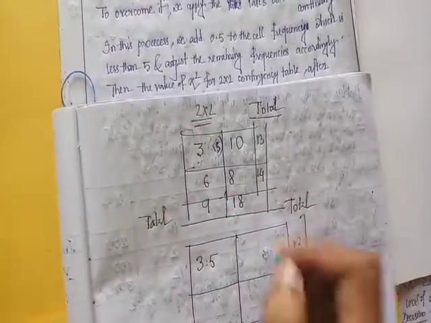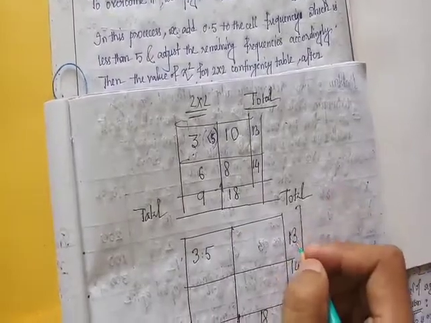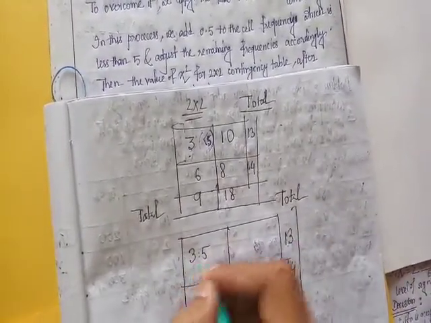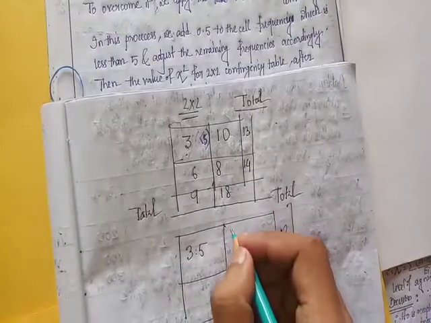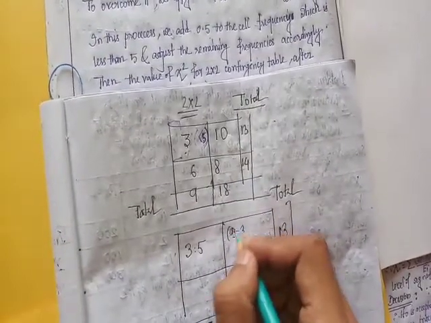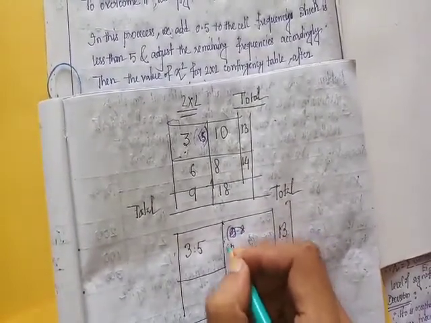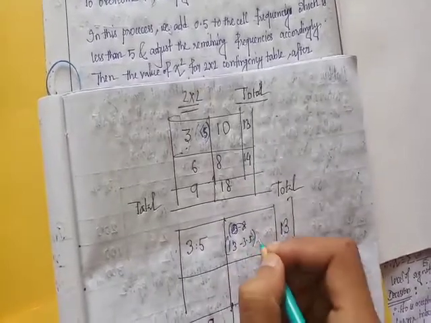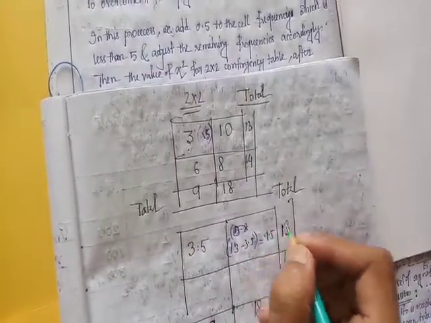Since the total is 13 and this is 3.5, then this new observed frequency becomes 13 minus 3.5, that is 9.5.